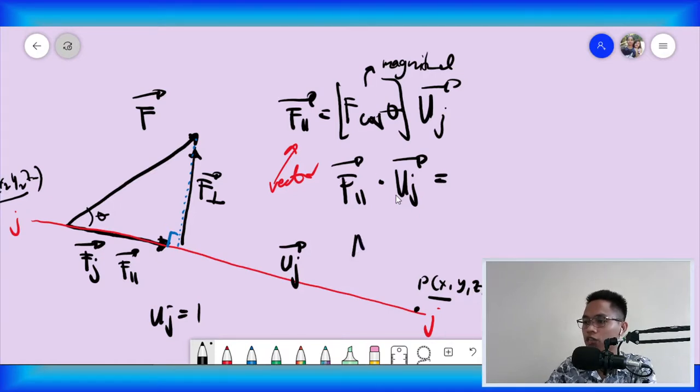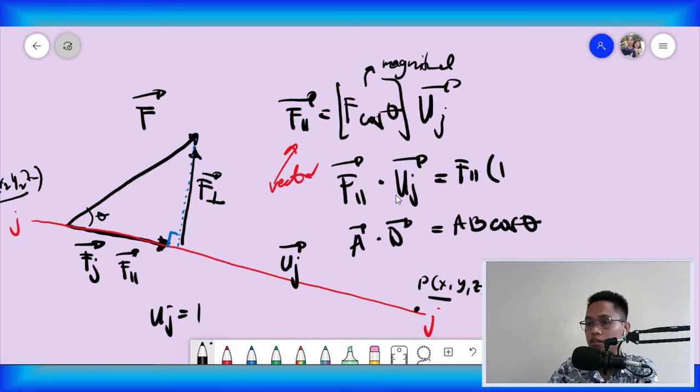Now if we are going to solve for this, the formula for A dot B is simply the magnitude of A times the magnitude of B times cosine theta. Let's apply it here. That would be F parallel times the magnitude of U. The magnitude of a unit vector is 1. Then the angle in between them.